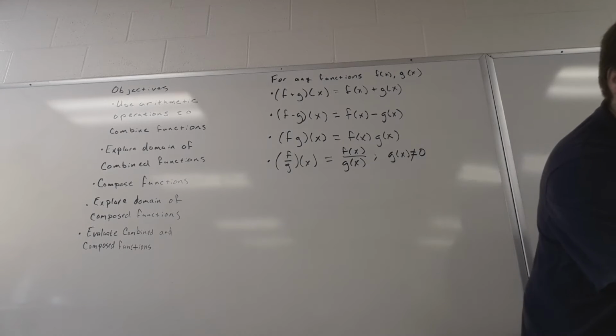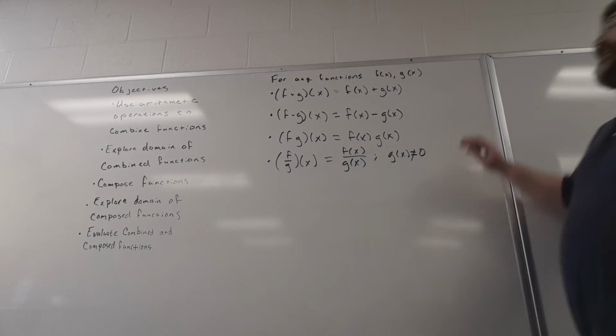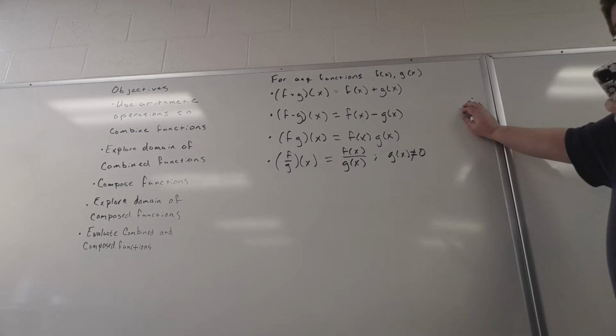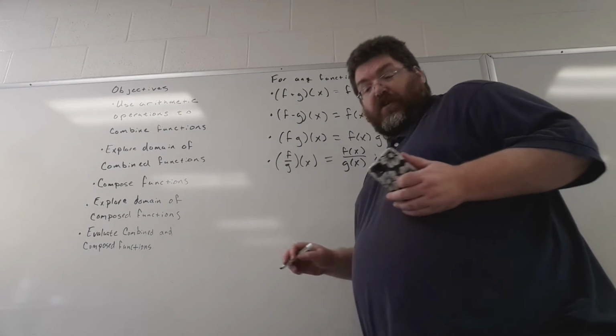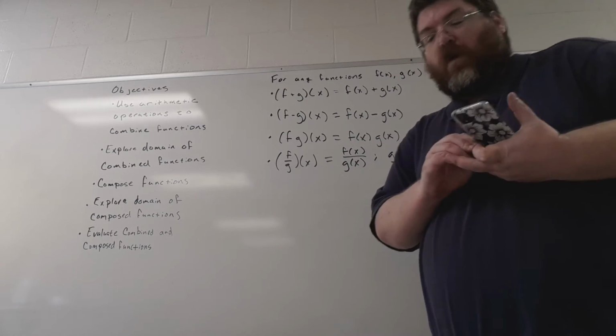So, I want you to get some practice with this. So, let's say on your notes, you have two functions. And I'm going to change colors here so we can track where things are going.